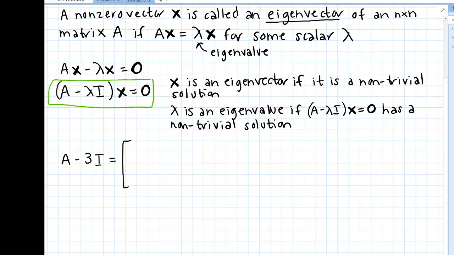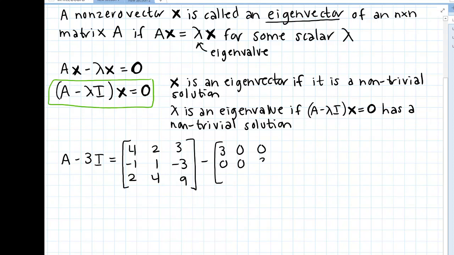I'm going to write the original matrix down just to be thorough here: 2, 1, 4, 3, negative 3, 9. And then we're subtracting from that 3 times the identity, which means that we're subtracting 3 just from the diagonal entries while leaving everything else the same. Oops, that should have been a 3.